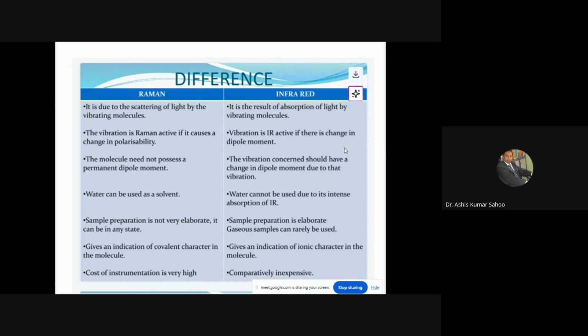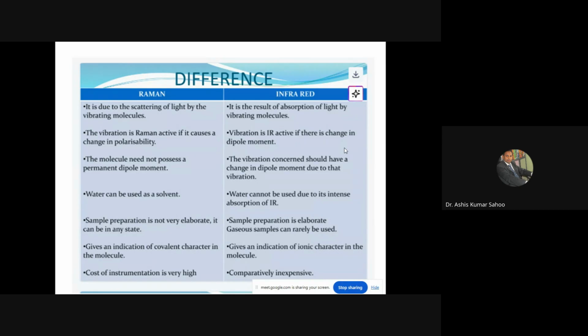Water can be used as a solvent in Raman spectroscopy, but water cannot be used for sample preparation in IR spectroscopy. Sample preparation in Raman is not very elaborate; it can be gas, liquid, solid, whatever state.